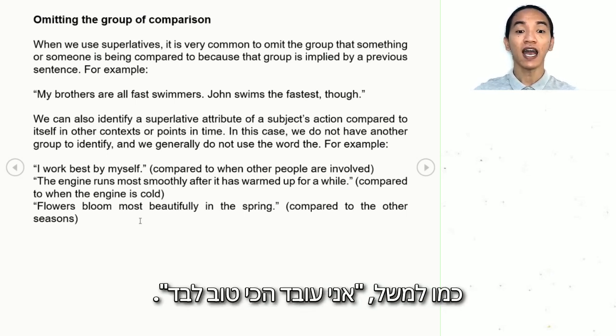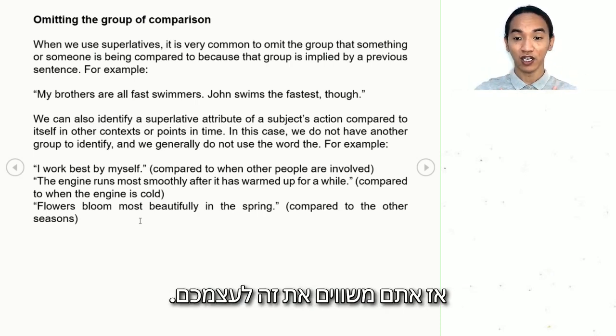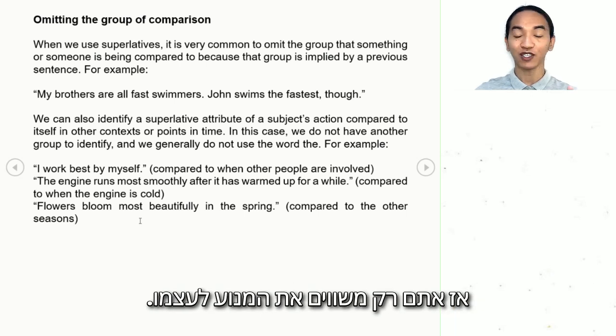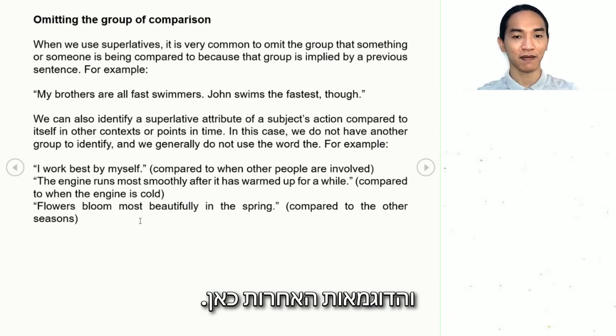For example, I work best by myself. So you compare it to yourself. So the engine runs most smoothly after it was warmed up for a while. So you're just comparing the engine to itself, all right? And the other examples here.